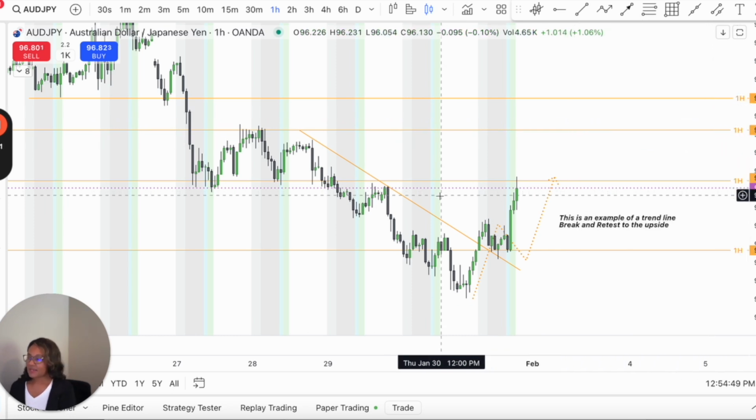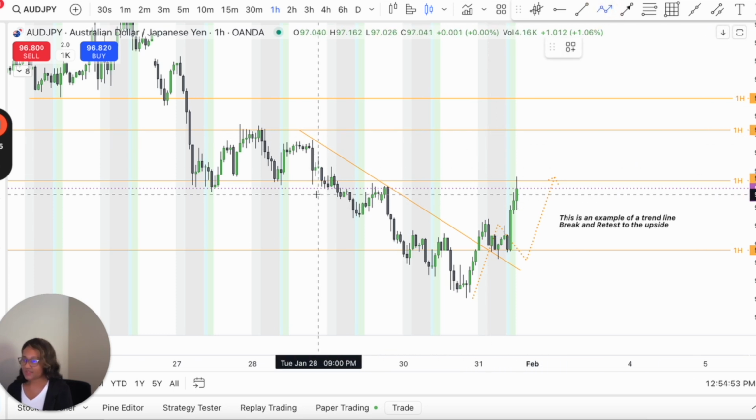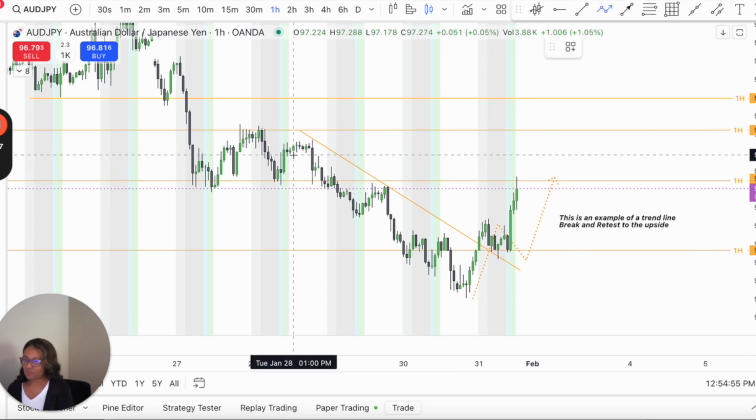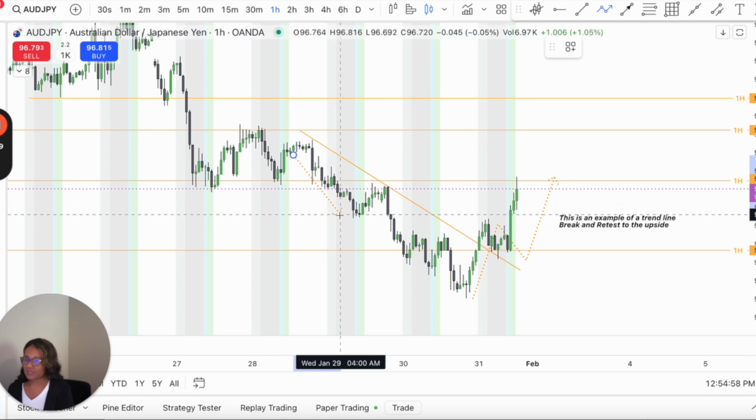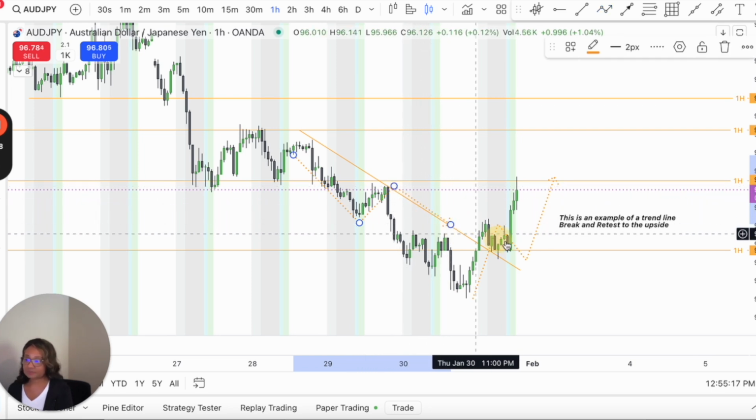We can see here, if we use our path tool, that price broke through this support area, bounced here, went back up, and retested what is now resistance and continued downward.